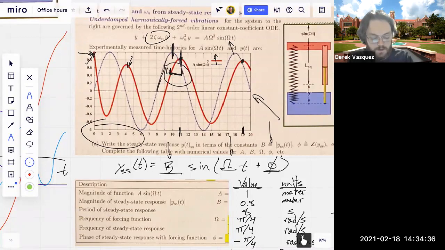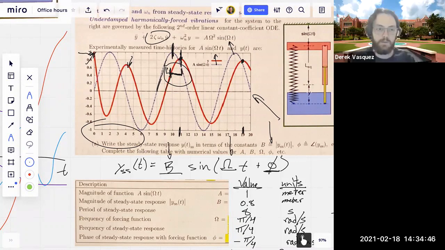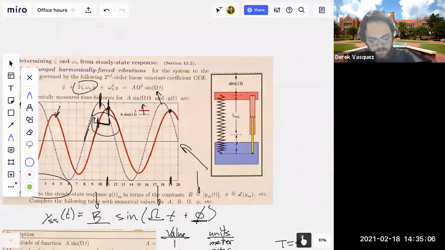And then we don't see the response do the same motion until a second later. So we say that the response is lagging behind the input. Basically, you're like pulling something along, is what the force is doing, and then on the other end of the spring is actually what we have.